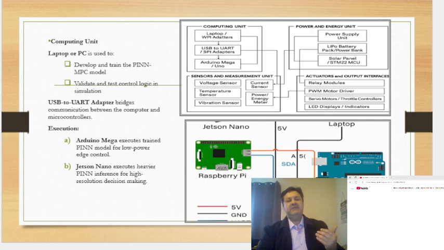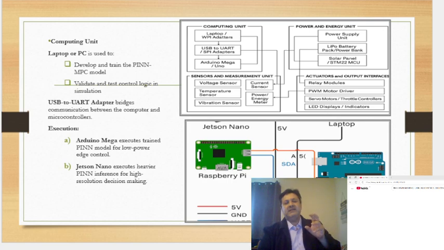Then USB to UART adapters bridge communication between the computer and the microcontroller, because otherwise I would have to join it through some wires or cables. My next component is the Arduino Mega. The Arduino Mega executes the trained PINN model for low power edge control, because it means it will shift it to a low power edge control system.